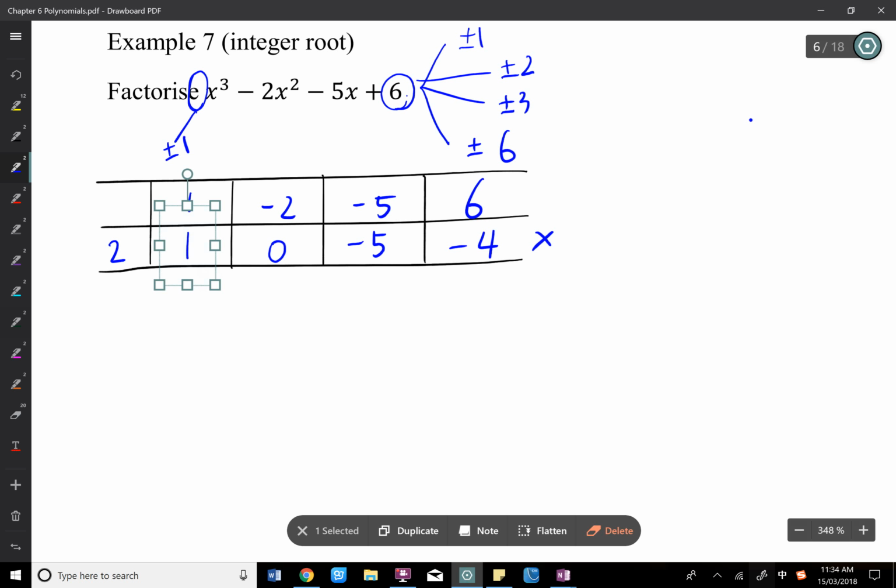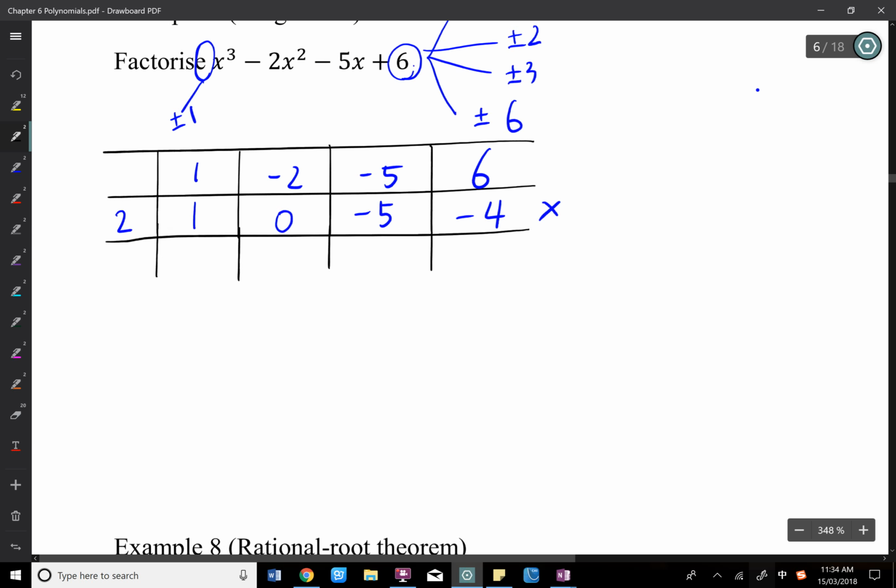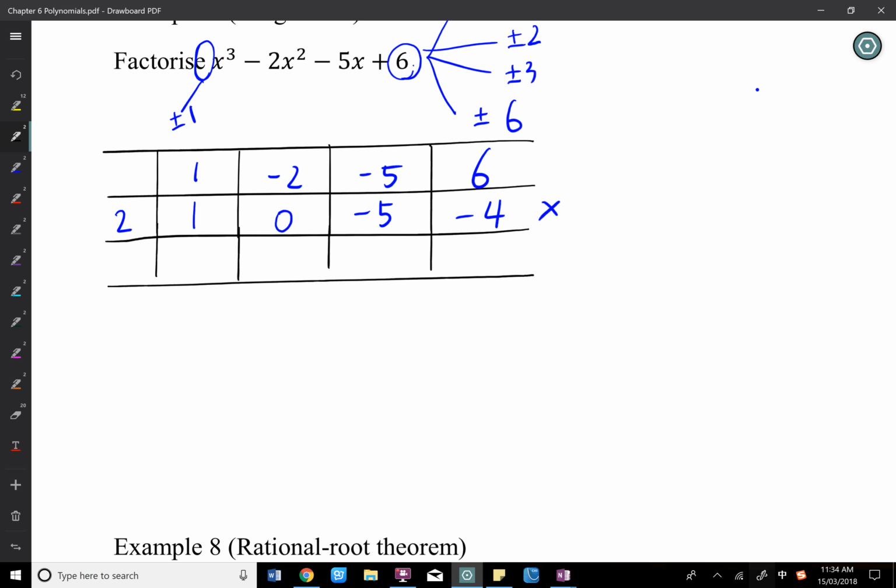The good thing about this table is I can keep going with it. This one doesn't work, so it gives us some information. Normally we try plus or minus 1 and then plus or minus 2, starting from the smaller number, so 1 or negative 1. So I try 1 here.